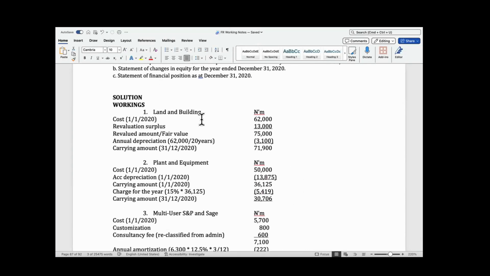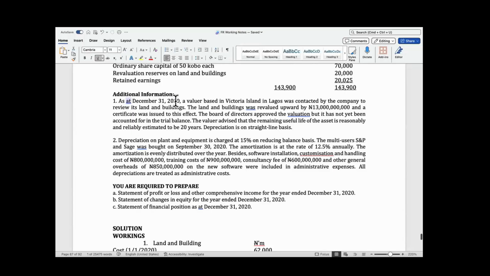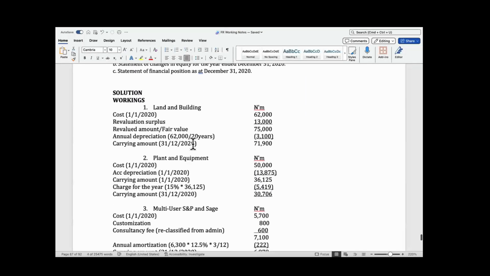I did the solution here for you, which is this: the land and building, the cost, there was a revaluation surplus of 13, bringing the value of the asset to 75. Then my subsequent depreciation, I did 62 over 20 years. The reason is that this revaluation happened at the end of the year, so when you want to depreciate, you would not consider it, because the depreciation is for the whole year.